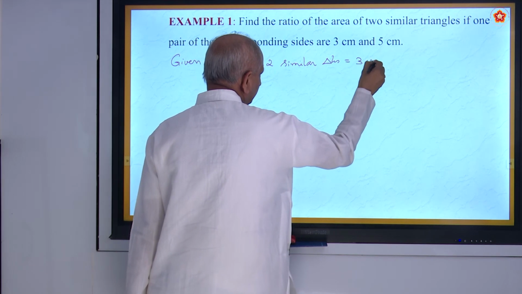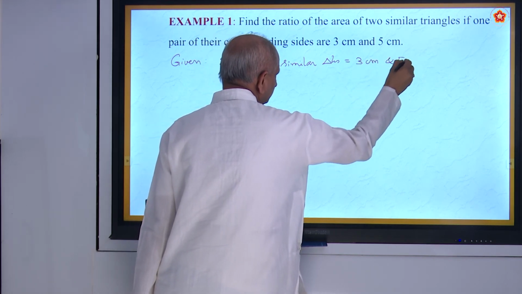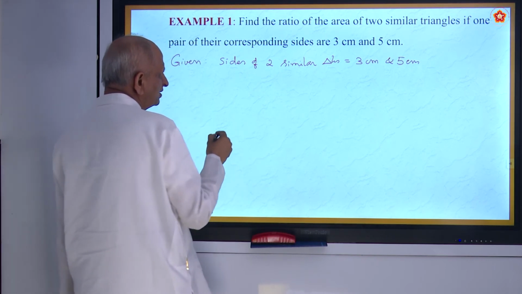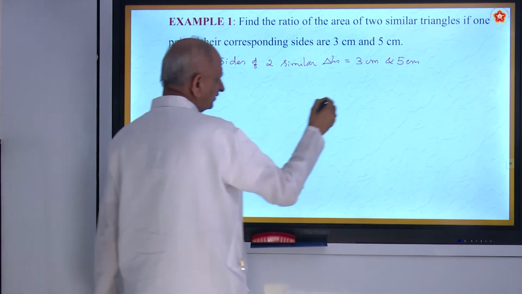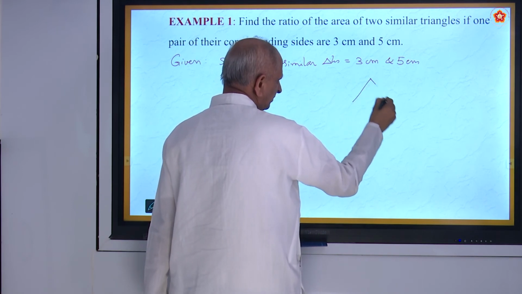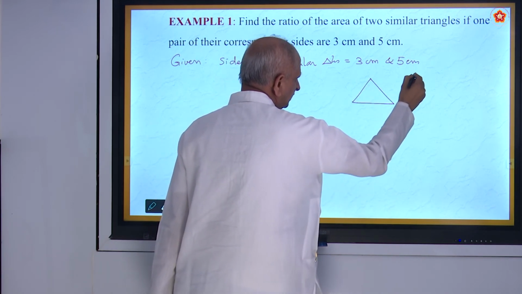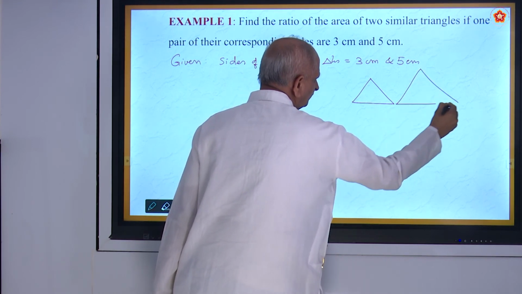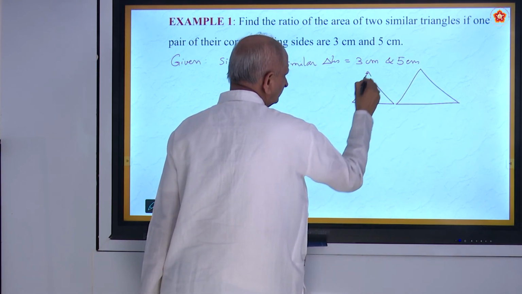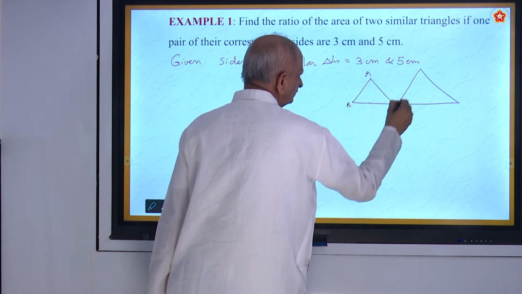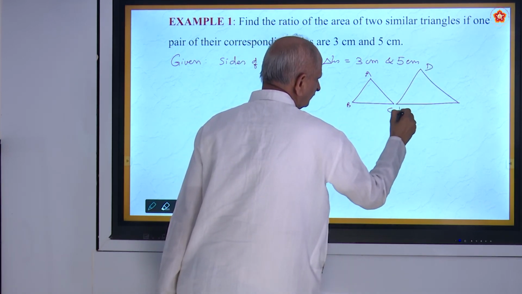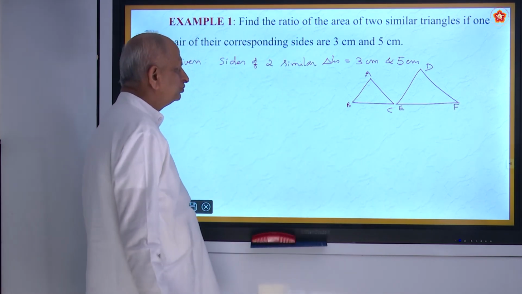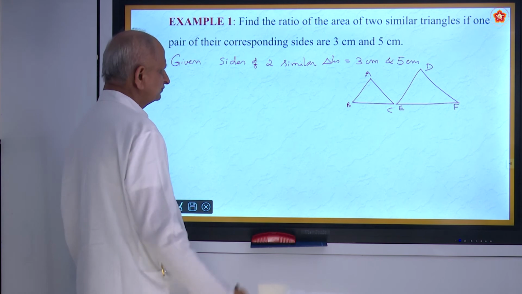Three centimeters and 5 centimeters. You are given that, so let us call the two similar triangles ABC and DEF. Let us suppose they are the two similar triangles.